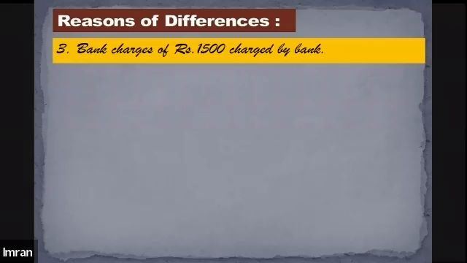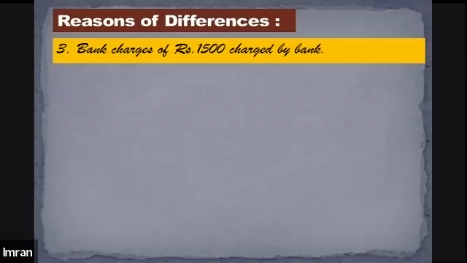So that simply means the same transaction must not have been recorded by the accountant of the business. Understand that bank charges deducted by the bank must have been recorded in the passbook because the bank itself has deducted that balance. So overall, the bank balance as per passbook must have been reduced by 1,500.